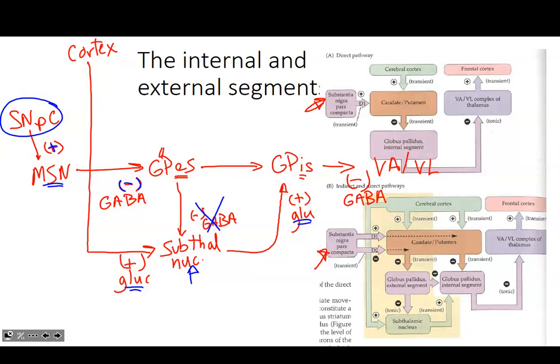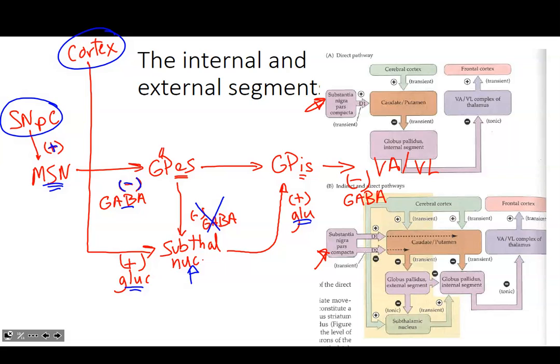But first, I just want to run through this one more time so you're understanding what's happening. When the circuit is stimulated, both the SNpc and the cortex are going to be active at the same time. We'll deal with what happens in the pars compacta first. It excites medium spiny neurons. Those neurons go on to release GABA. The GABA inhibits the external segment of the globus pallidus.